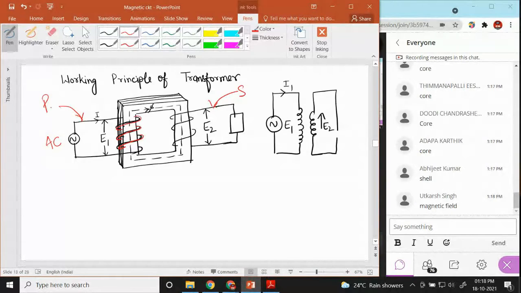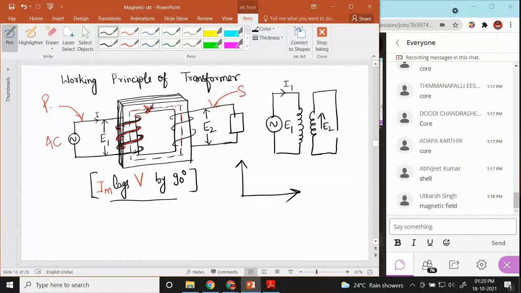That magnetic field will generate EMF, and that EMF will generate the flux across these windings. This flux will flow through this material from the primary side to the secondary side.